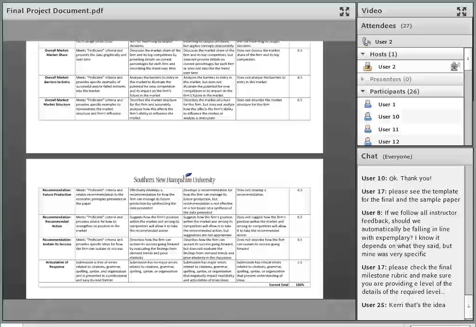All right, so Carrie asks, if we follow all the instructor feedback, should we automatically be falling in line with exemplary? I know it depends on what they said, but mine was very specific. Yeah, so if your instructor gave you specific feedback and you follow it, then you should get to the exemplary level.